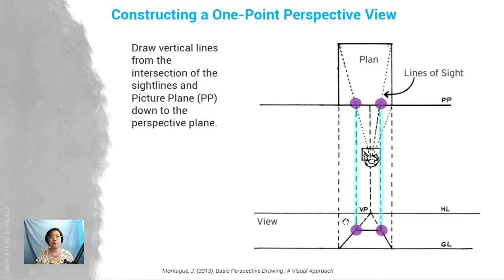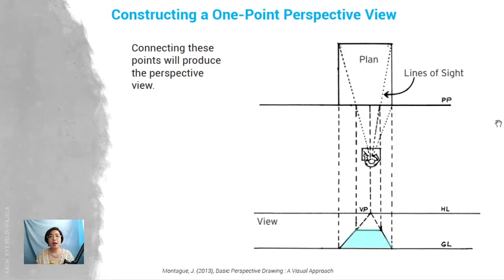So, ito yung mga corners na yan. Kung saan siya tumapat, we are going to put yung line doon sa likod. Ibig sabihin, itong line niya sa likod corresponds to the line doon sa likod ng plan or dito sa may bandang itaas. Yan na yung correspondence niya dito sa baba.